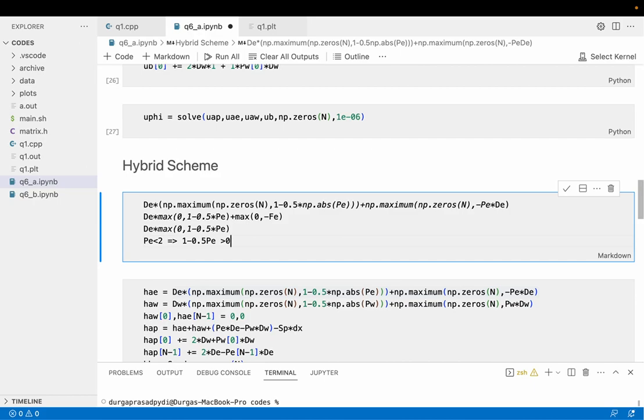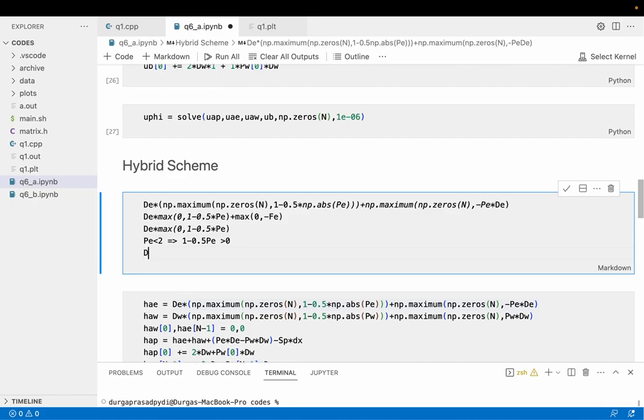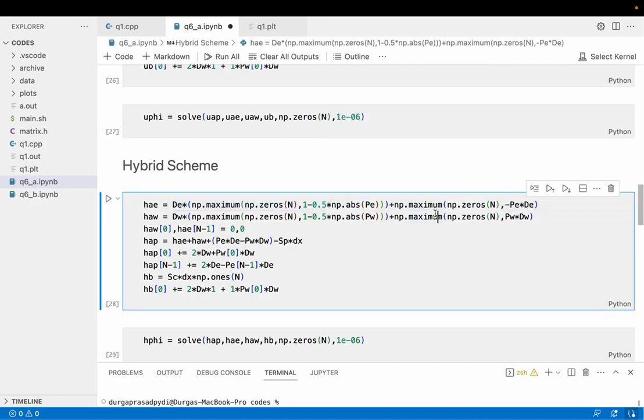Yes, I get it. It will be positive. So my above expression will become DE times 1 minus 0.5 into Peclet number. So that is again your normal equation, it will be your central difference. The other case will be the upwind scheme.